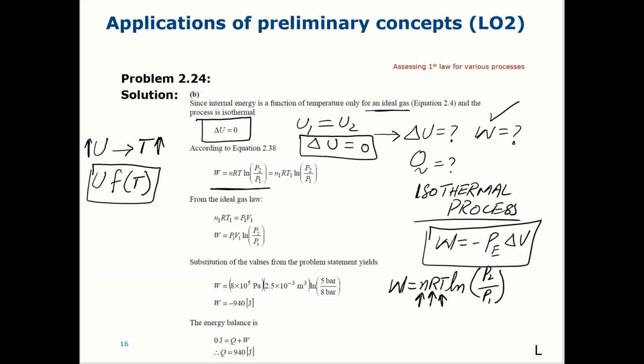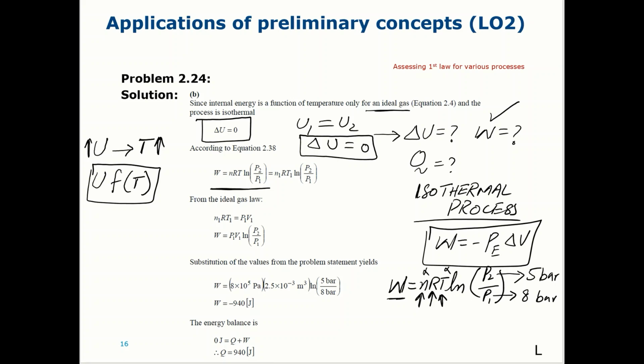We don't know. Do we have P2 value? This is 5 bar. Do we have P1 value? This is 8 bar. So we don't have n, we don't have temperature, meaning we cannot easily solve this question. But there is a small trick.